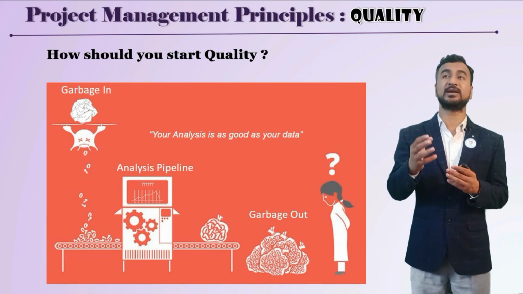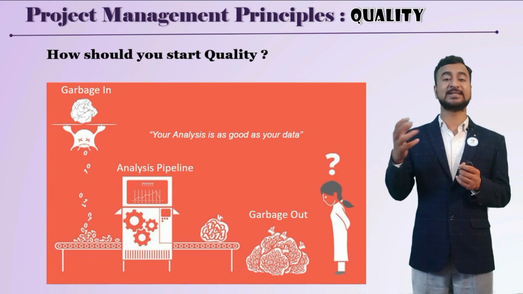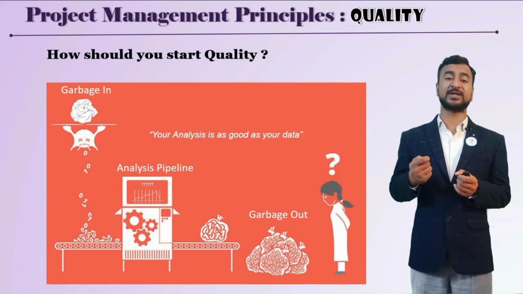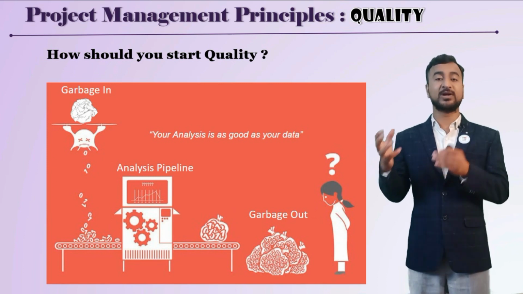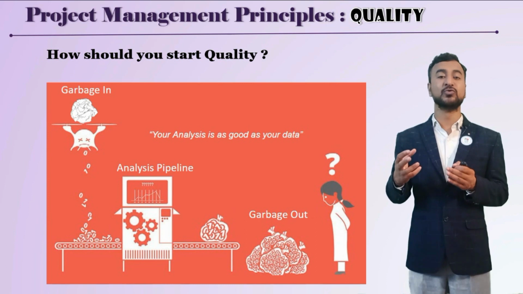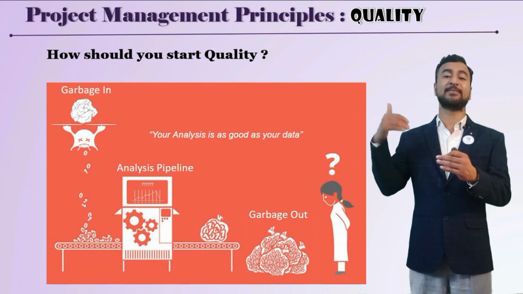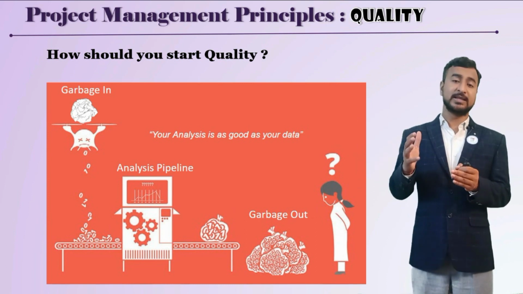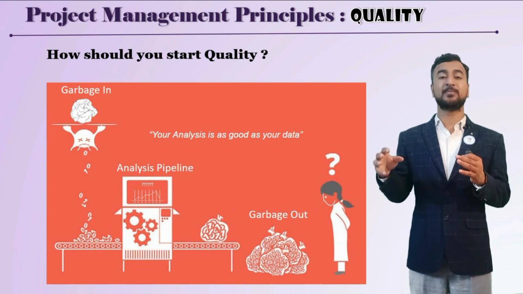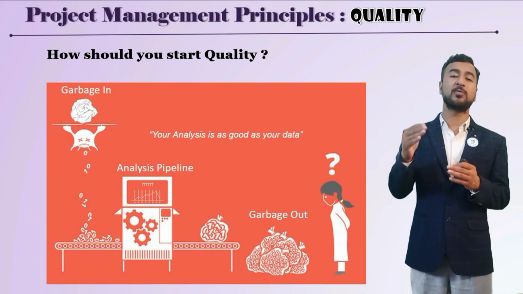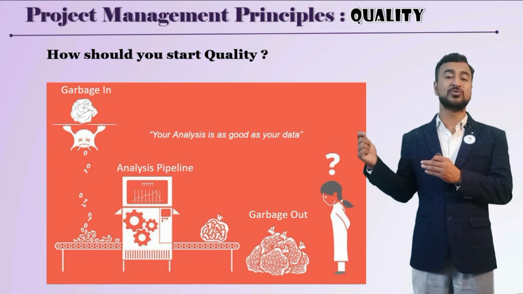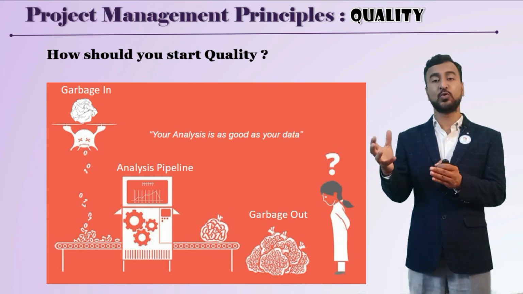Let's say you are manufacturing a fruit juice. If you take good quality fruit as raw material and then process it, there might be chances that you mess up the processes, do them in the wrong way, and in the end come up with fruit juice which is not of good quality.